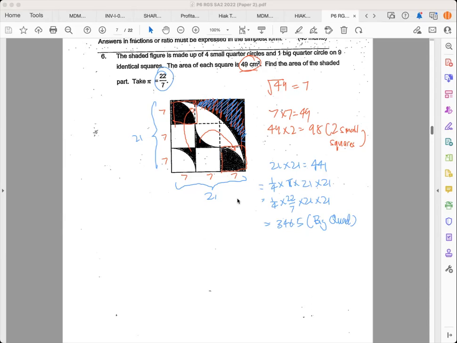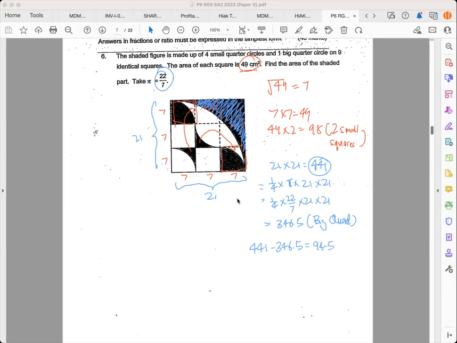So the area of this boomerang will be the big square, which is this number, minus away the quadrant, 346.5, and you get 94.5.